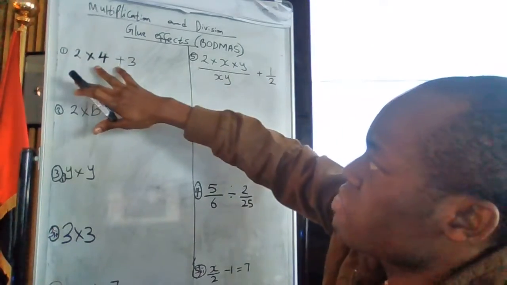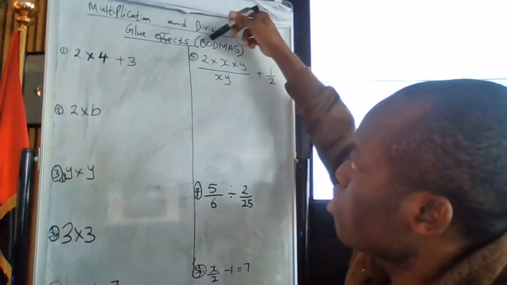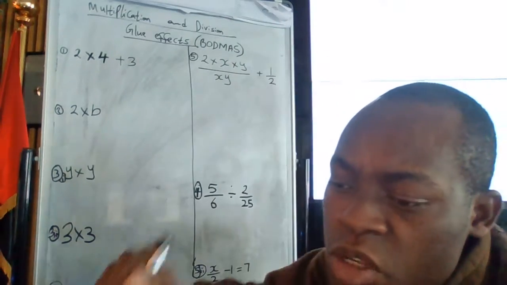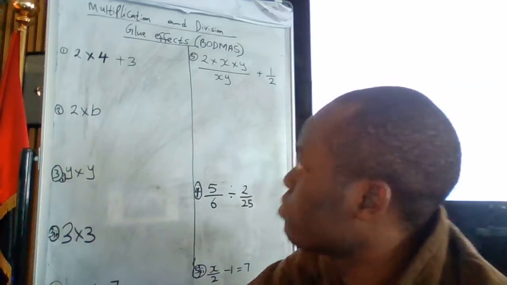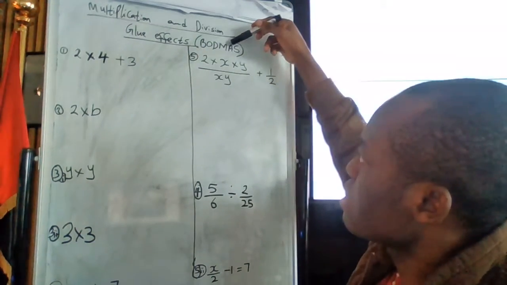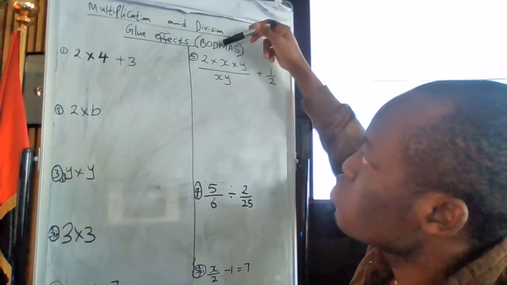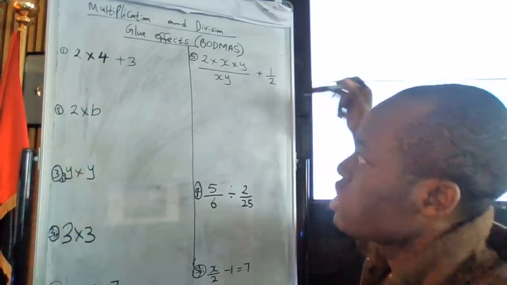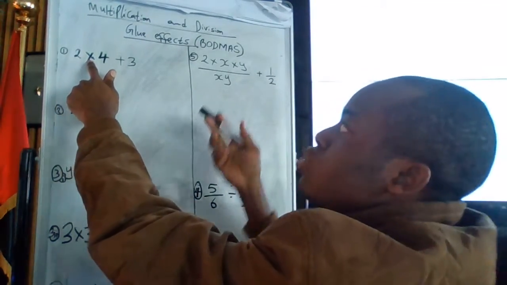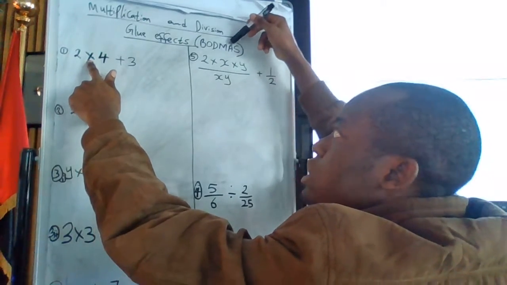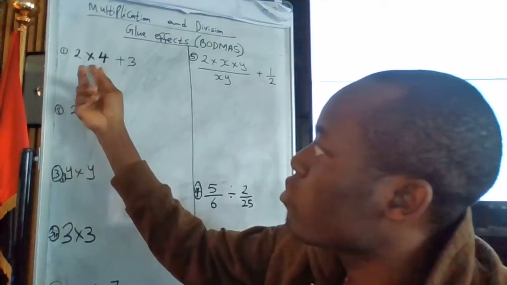Now let's look at this first one. This is 2 times 4 plus 3. Always remember, irrespective of what you do in mathematics, you must still follow the BODMAS rule. Now, look at it. The addition is at the last, so you need to treat the multiplication before the addition. But the question students fail to ask is, why do we have BODMAS, multiplication before the addition? It's because these 2 and 4 are glued together.